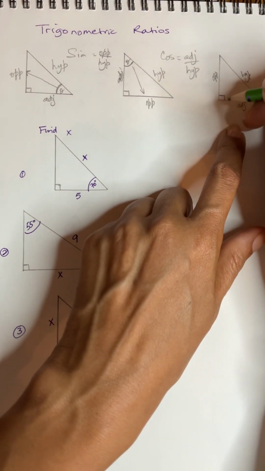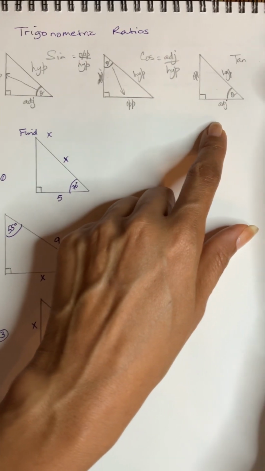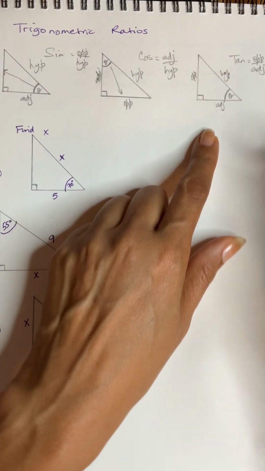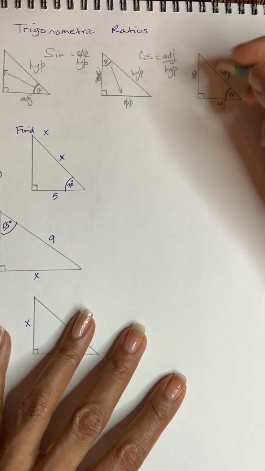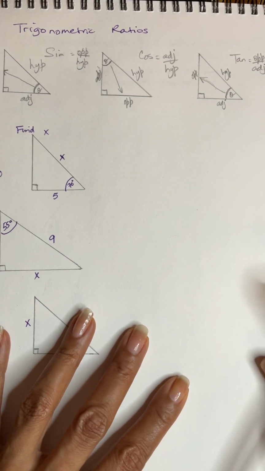Now tan, TAN, is simply equal to the opposite over adjacent. Okay, tan is the opposite over adjacent. So it's your opposite here over your adjacent for tan.